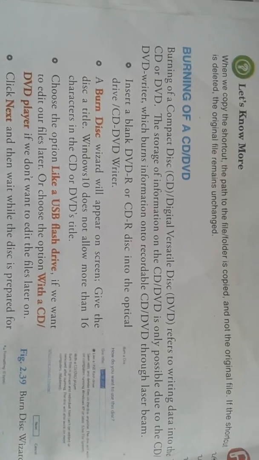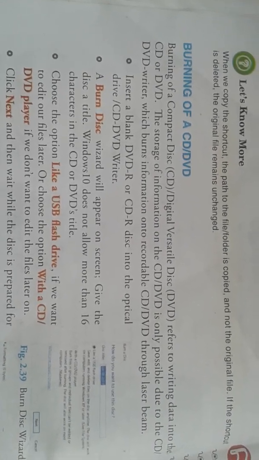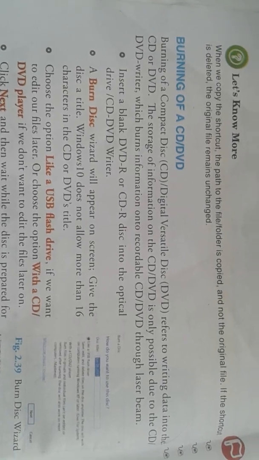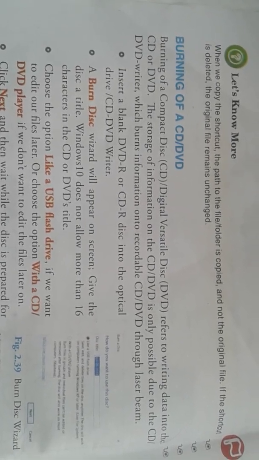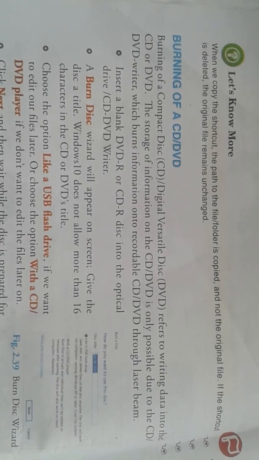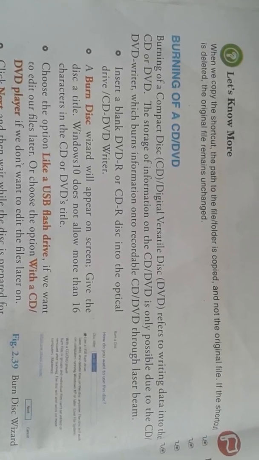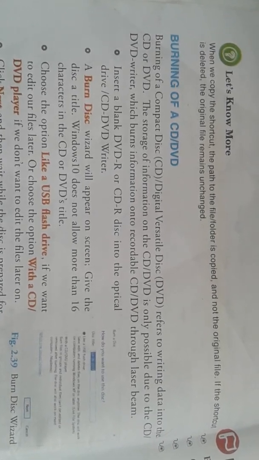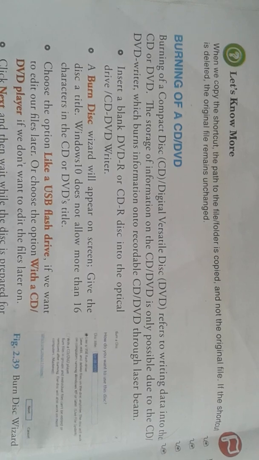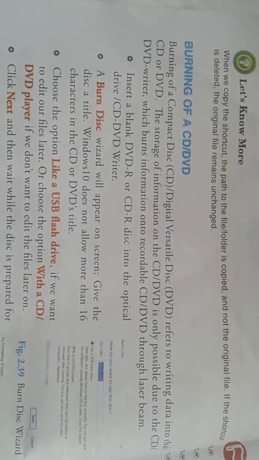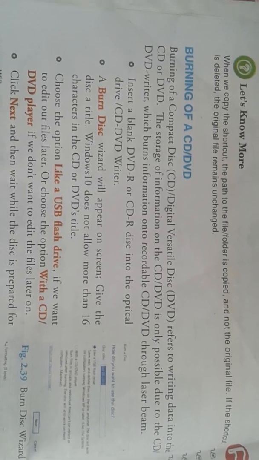Burning of a compact disc refers to writing data in the CD or DVD. The storage of information on the CD or DVD is only possible due to the CD or DVD writer, which burns information onto recordable CD or DVD through laser beams. So that is called burning of CD and DVD.